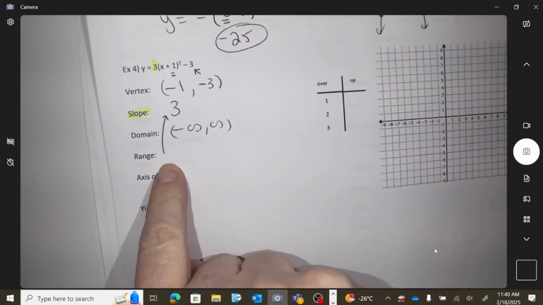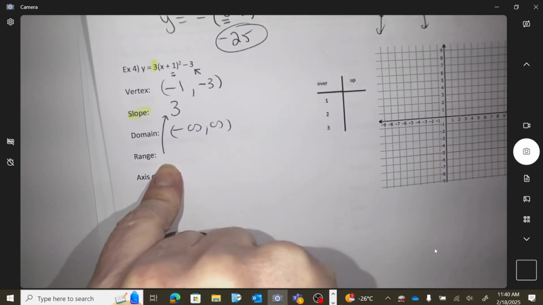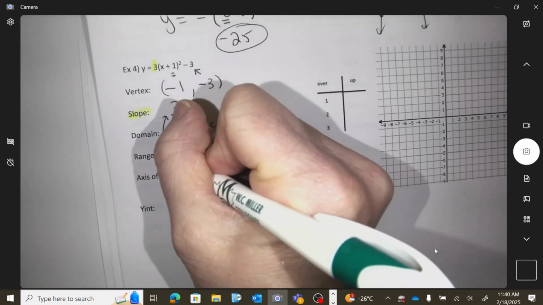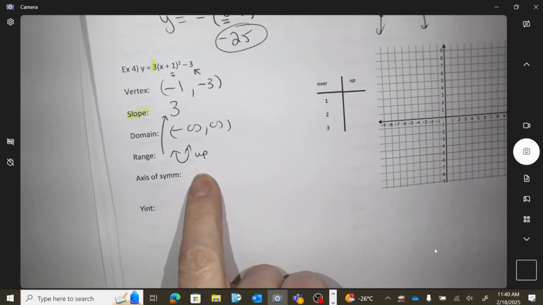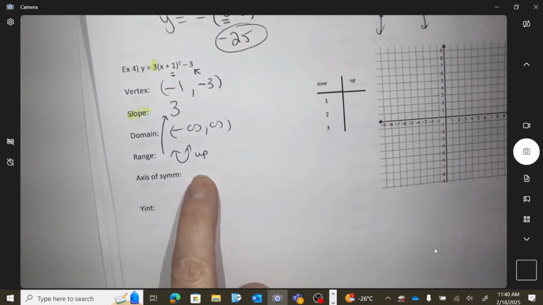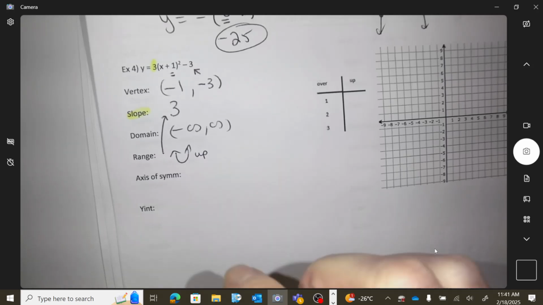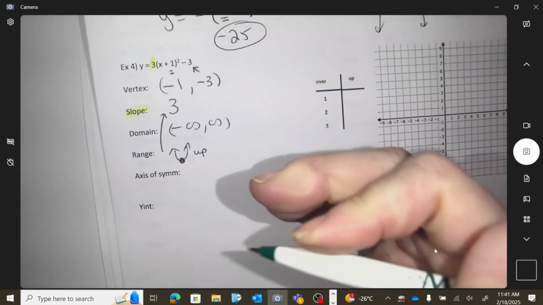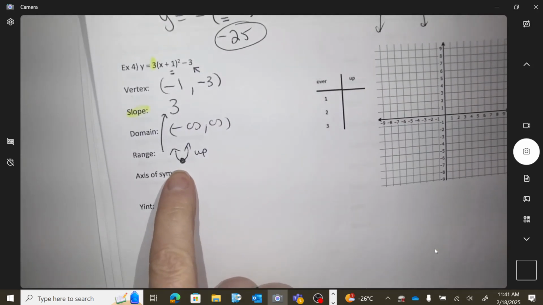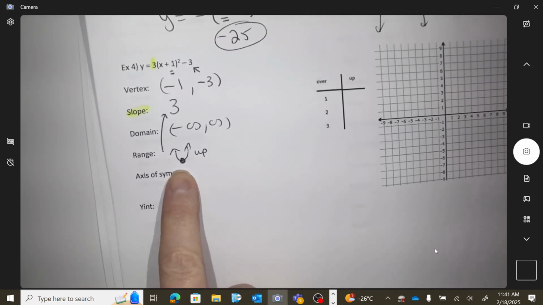Okay, my slope was 3. So what do I know about a slope of 3? A slope of 3 means it's up. So if it's upward, what's the lowest this shape is?